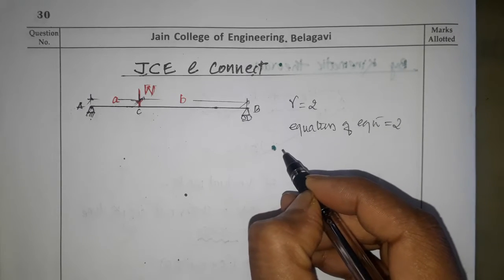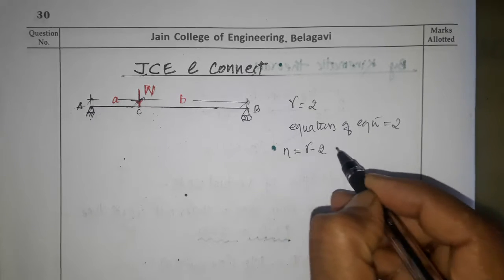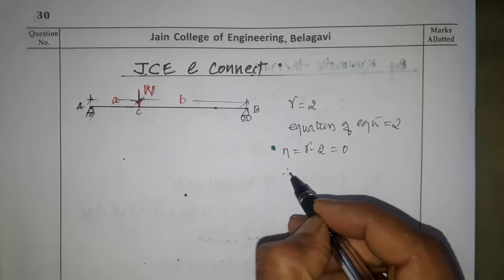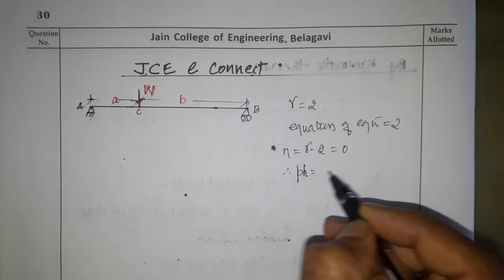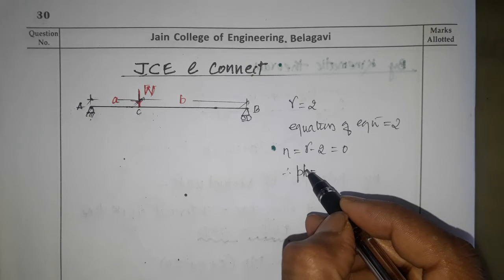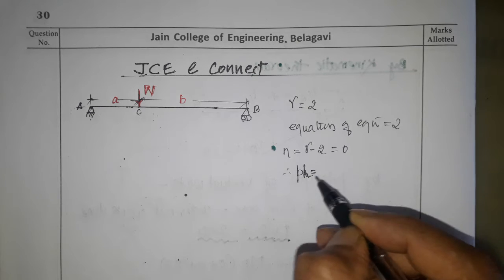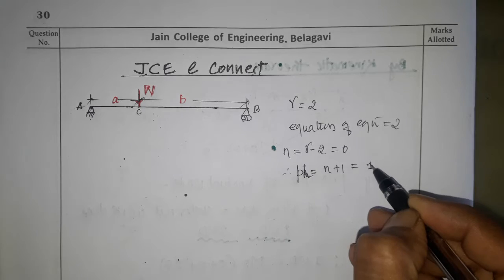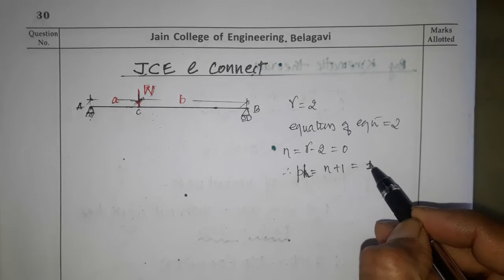Therefore n, that is r minus the number of equations of equilibrium, is 0. So we require plastic hinges, PH, that is n plus 1. So we require again one plastic hinge to convert this structure into a collapse mechanism.